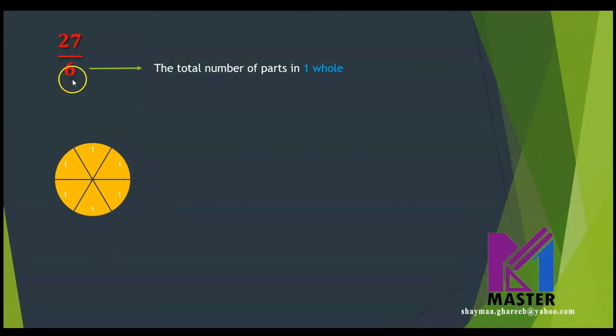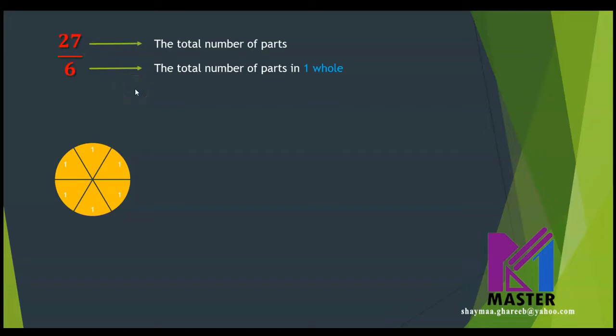The number in the denominator, 6, is showing us how many parts there are in the one whole, which means the shape I have is divided into 6 equal parts. Is this clear? Now, what about the number on top, the numerator?